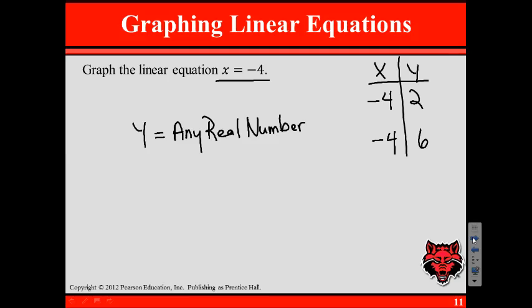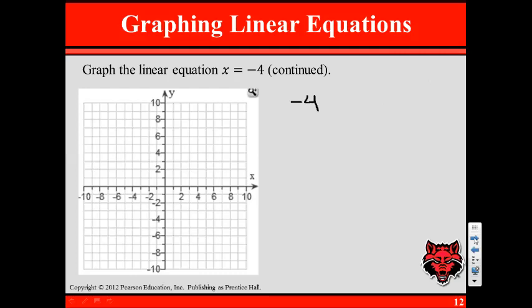So let's go to the next slide, remembering these two ordered pairs. We have -4, 2, and -4, 6. Let's first plot -4, 2. We start at the origin, we move 4 units to the left and 2 units up.